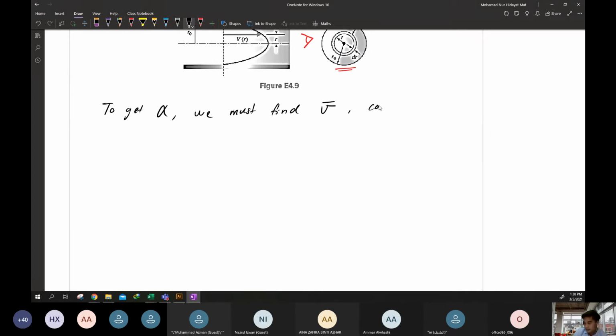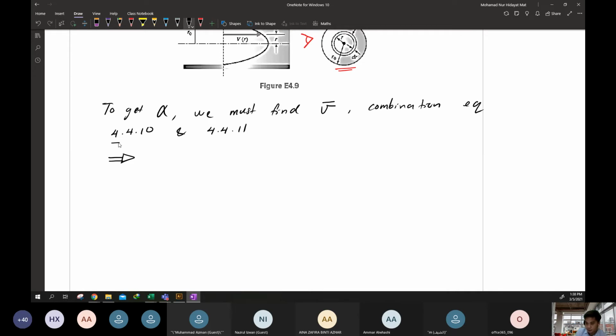Okay, how to get the V average? It is a combination from equations in the Porter textbook, which is equation 4-10 and equation 4-11. This is the final equation.